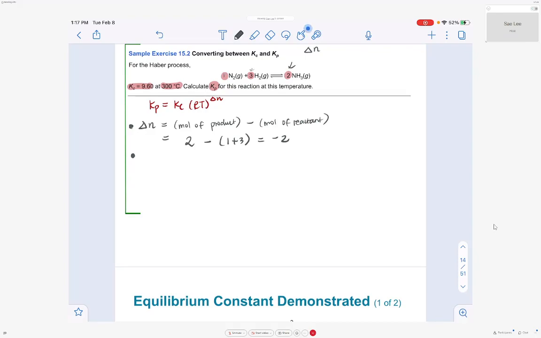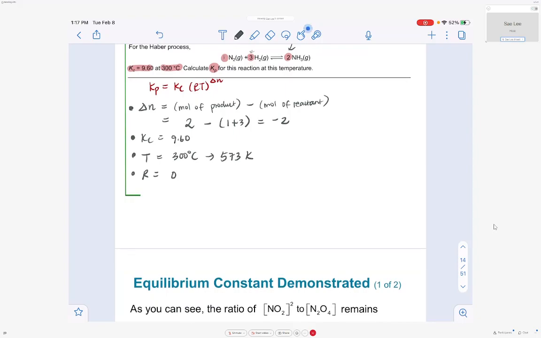Another piece of information that we're provided is the Kc value, 9.6. The temperature is 300 degrees Celsius, but the SI unit for temperature is Kelvin, so we are going to change it into Kelvin: 573 Kelvin. The gas constant we already know, 0.08206. You can find this value in the back of your textbook, or you can just Google it.